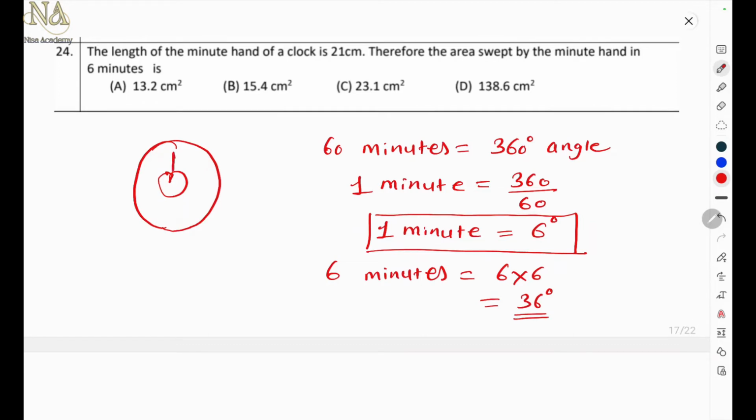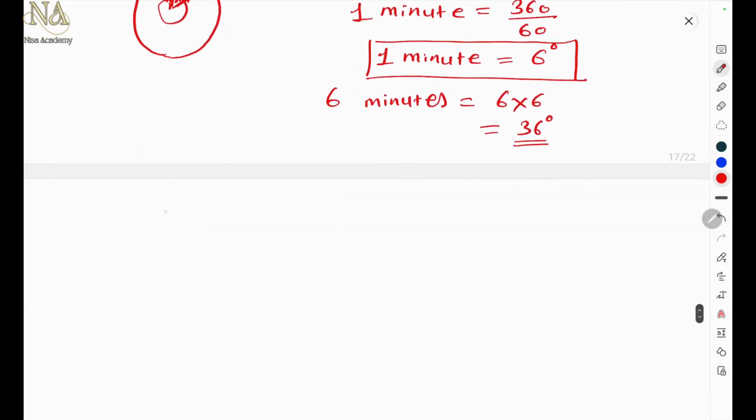If this is the hour hand and this is the minute hand, they have told us to find this area, which means the area of the sector.